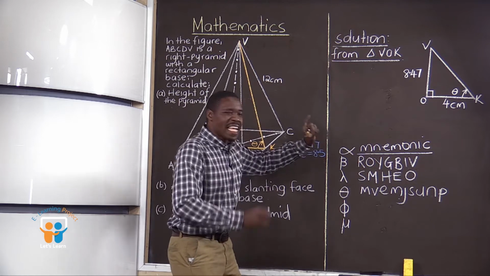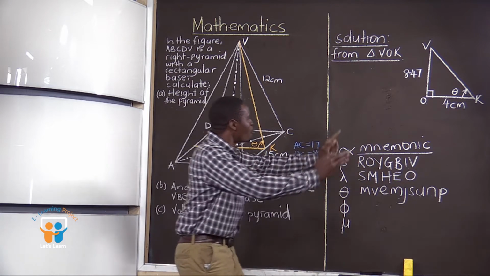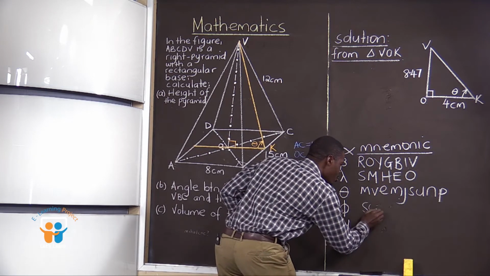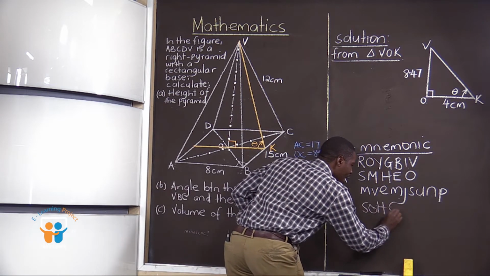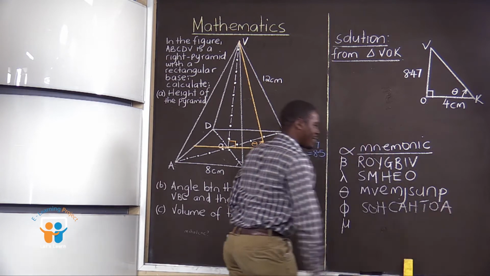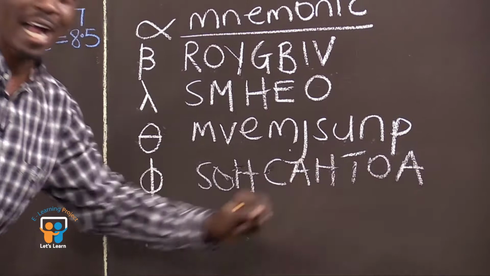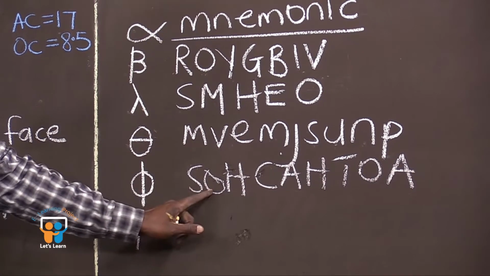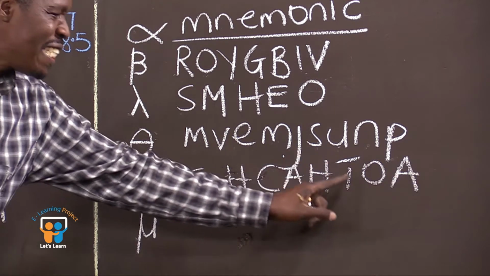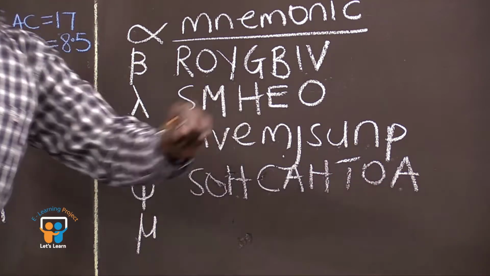A mnemonic that is directly going to help us in this question is SOHCAHTOA, where we have sine, opposite, hypotenuse; cosine, adjacent, hypotenuse; tangent, opposite, adjacent.